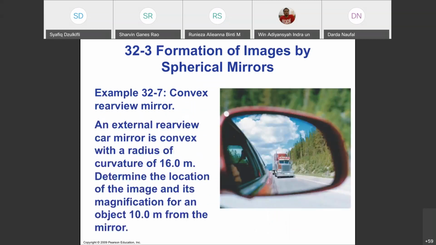Okay, let's see this one. An external rear view car mirror is convex with radius of curvature of 16 meters. Determine the location of the image and its magnification of an object 10 meters away from the mirror.